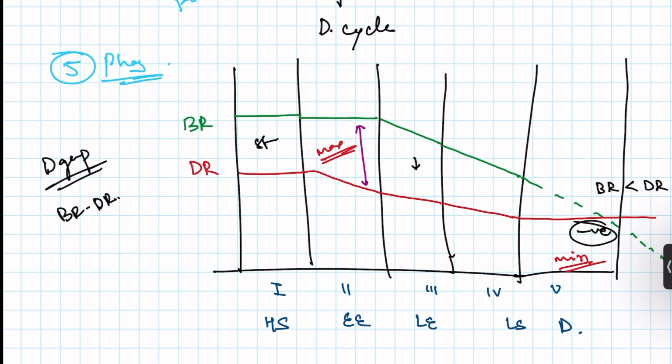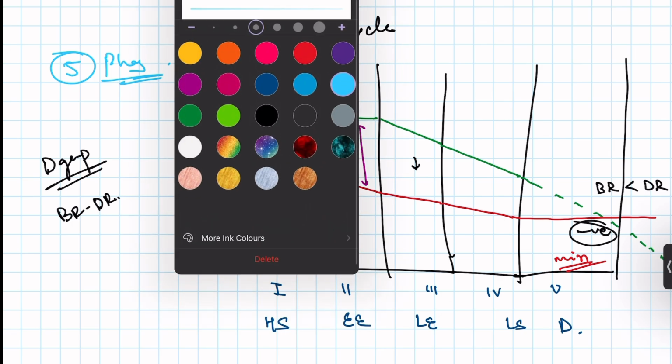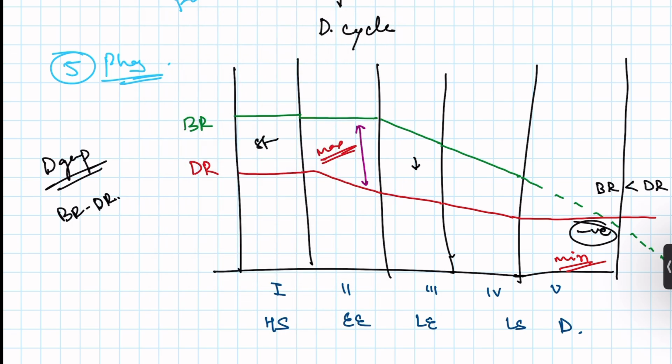So let's see about the population. What happens to the population? In the first phase, it is stable, obviously, because both the birth and death rate are like this. But in the second phase, we can see explosive growth. Why explosive growth?